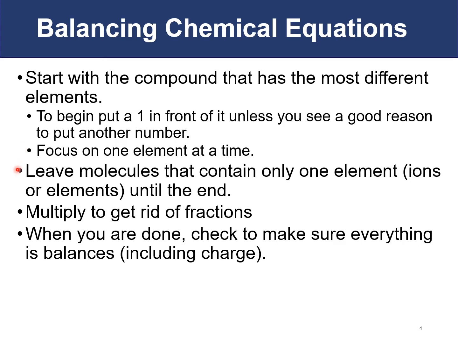We will leave molecules that contain only one element, such as ions or elements, until the very end for our balancing. We will multiply once we have numbers in front of everything to get rid of fractions. And when we are all done, we will need to check to make sure that everything is balanced, including the charges.